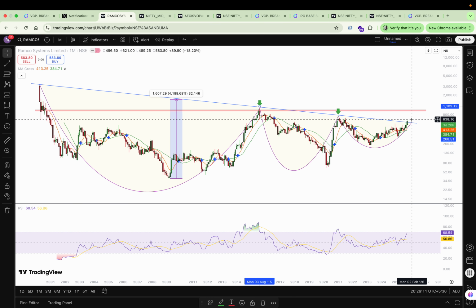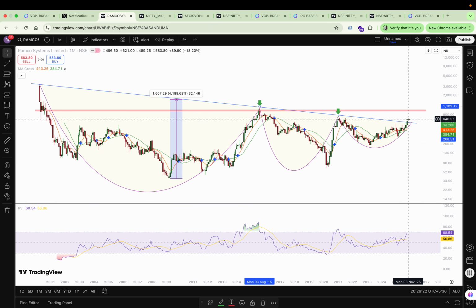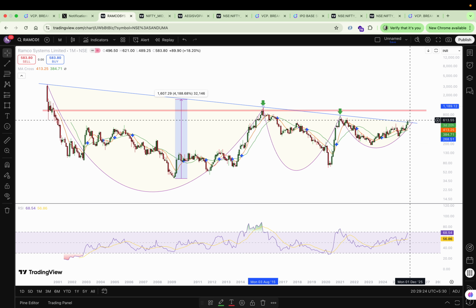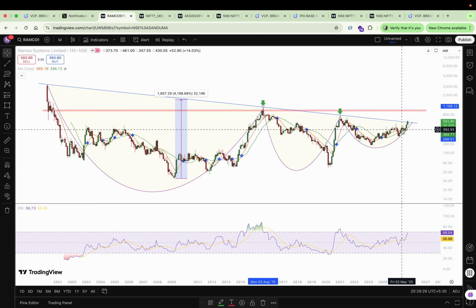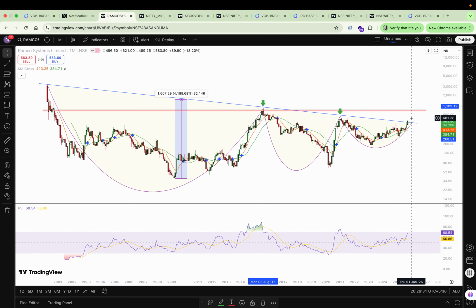We still have 3 to 4 days left, and once this candle is above this blue line, that means the breakout is confirmed on a monthly basis. Then I'm expecting a big bull run in this. You can keep trailing and hold for midterm.